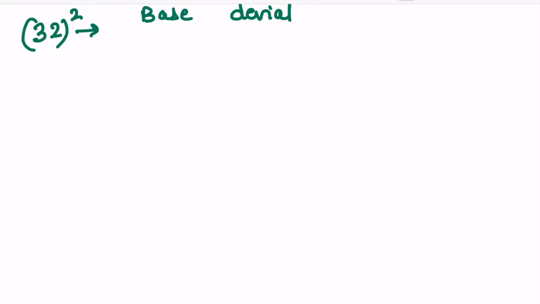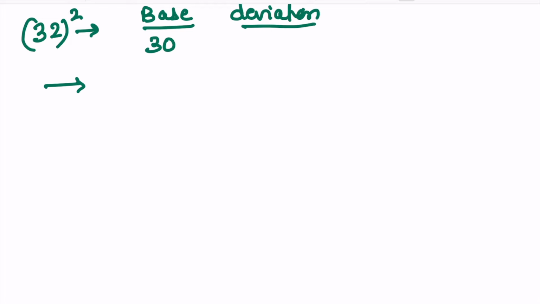Now let us calculate the square of another number, say 32. Now in order to find out 32 square, again we have to look for the base and deviation. Now here the base is 30.